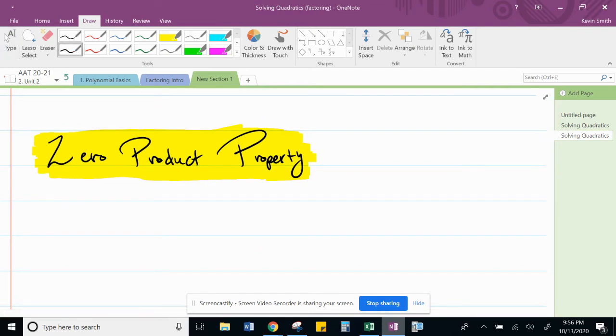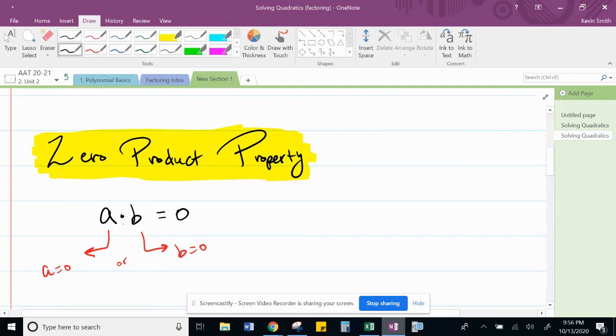So basically what it says is if you have 2 or 3 things multiplying together that equals 0, then one of two things has to be true. Either A is equal to 0 or B is equal to 0. Like that has to be the case. There's no other option. One of those two things has to be equal to 0.